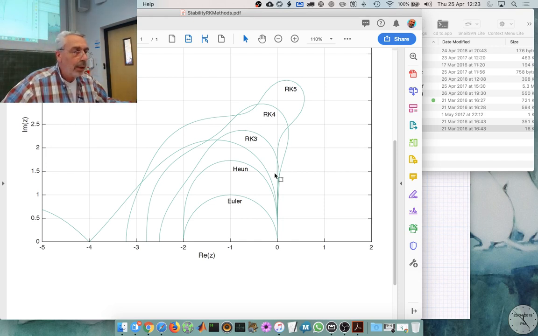But now look at RK4. So this is RK4, goes like this. And now I'm very happy because of course the area is larger, and the stability region is larger. But note that this part of the imaginary axis is within the stability region.